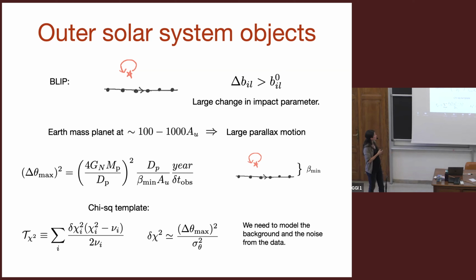In this case, we need to be in the opposite regime of a very close approach, where the planet moves and covers a large portion of the sky during the observational time. And then it would induce a blip in the position of the star.